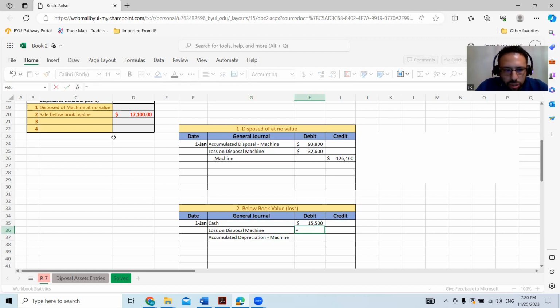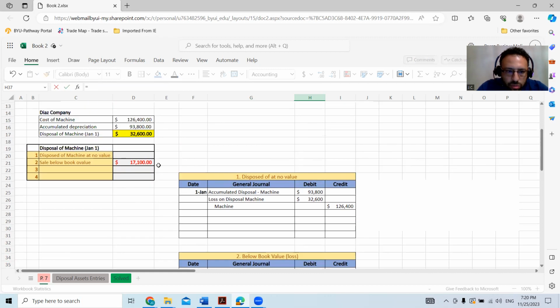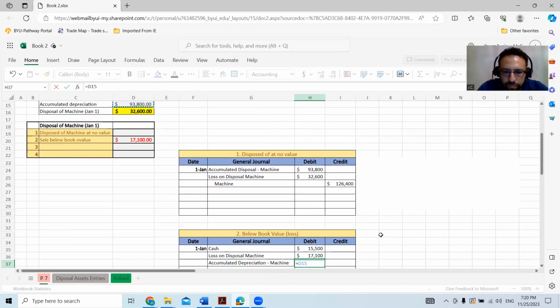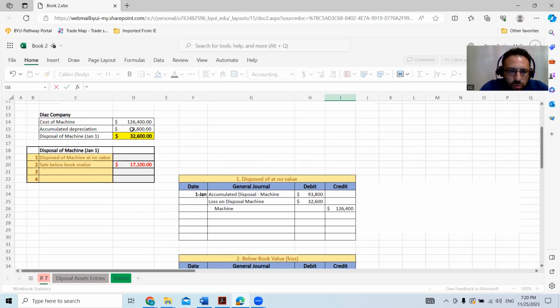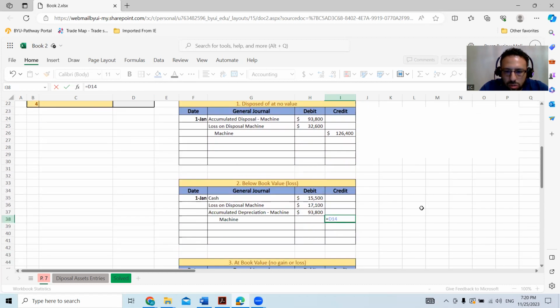Okay, so how much did we lose? We lost this. We know that. And the accumulated depreciation, we have that here. So we're just doing the plugins. And then we credit the machine. Just going to put it here so that it's notable, right? And that's it. That's all we do.